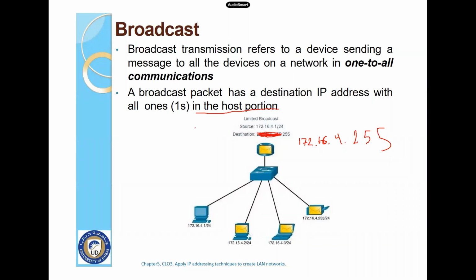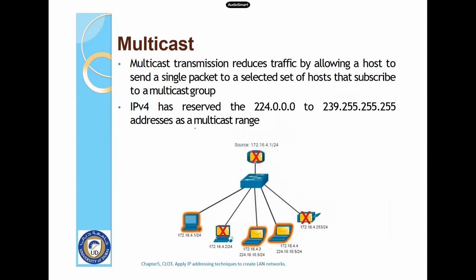Then there's something in between unicast, which is one-to-one, and broadcast, one-to-all. That is multicast, one-to-many, but not all. Multicast transmission reduces traffic by allowing a host to send a single packet to a selected set of hosts that subscribe to a multicast group. There is a certain range for that.